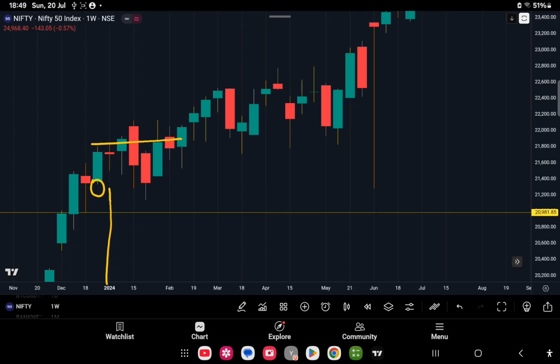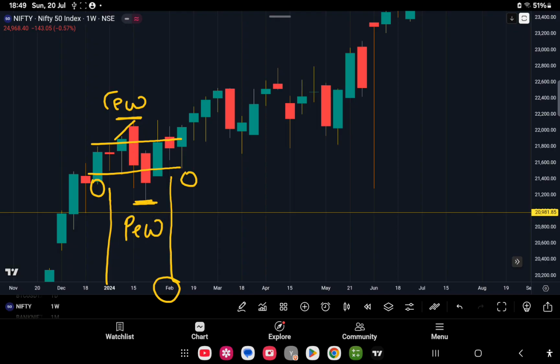This becomes the zone, and this is the February open. What happens here is it tried to do a breakout, and then call writers were activated here, and then it fell down, and then put writers got activated here, and then the close was pretty good here. So the last candle becomes the profit booking of the call writing.